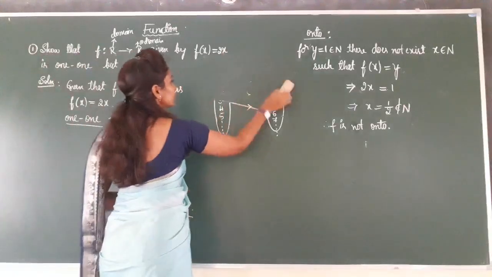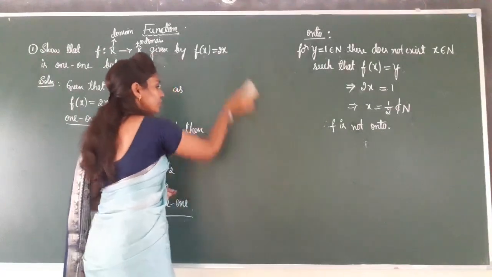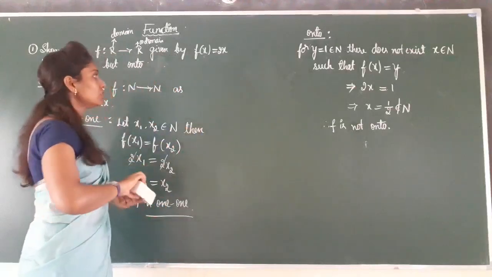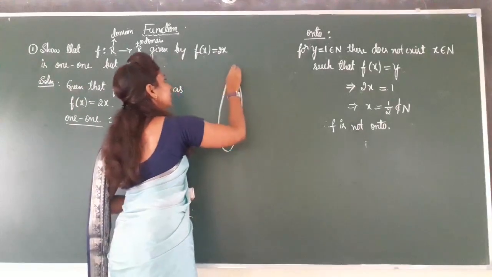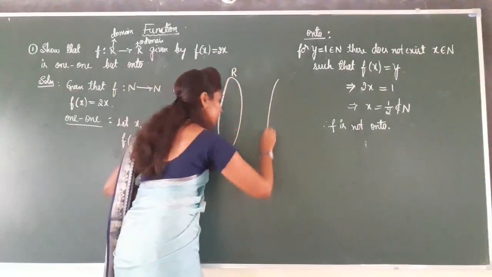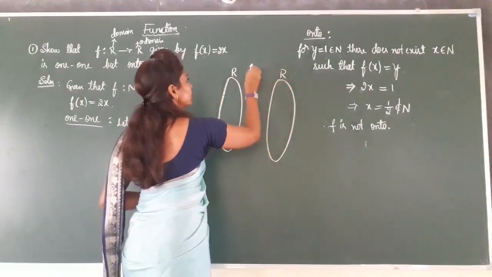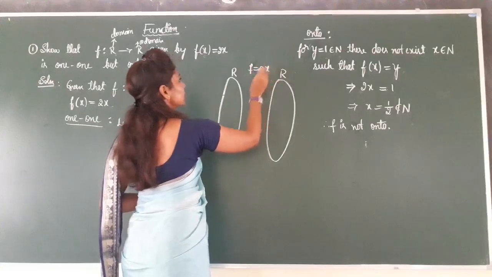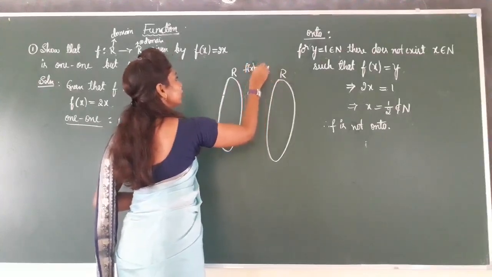The given function f is from R to R, that is from real numbers to real numbers. Function f of x is equal to 2x.